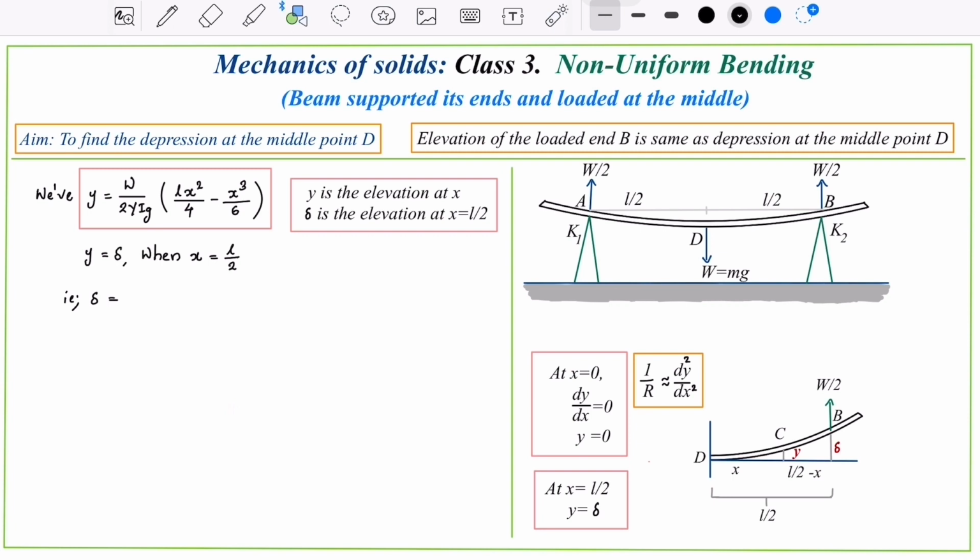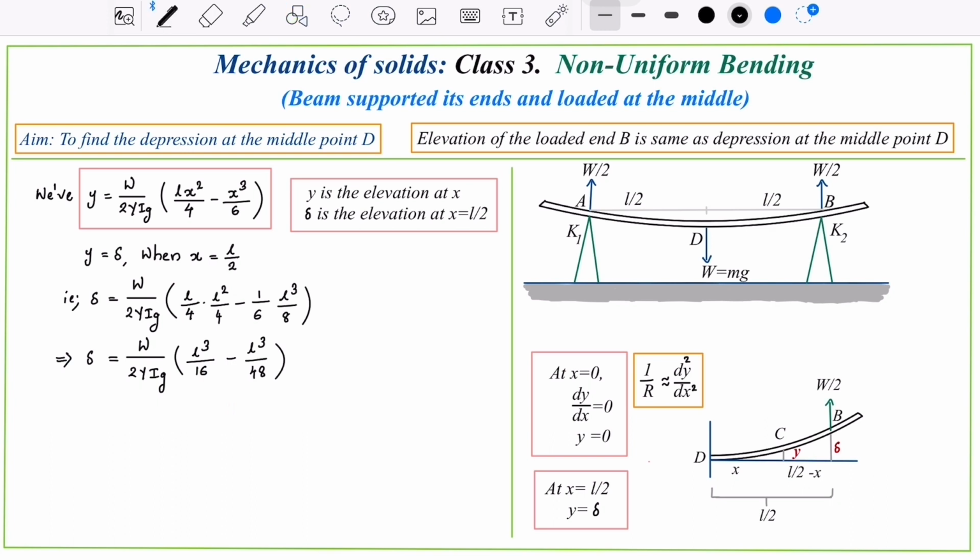The elevation is delta when the length of the cantilever is L by 2. So we can say that delta is equal to w divided by 2YIg into L by 4 into L by 2 whole square minus 1 by 6 into L by 2 whole cube, that is L cube divided by 8. Just substitute x is equal to L by 2 in the above equation and replace y by delta. That is, delta is equal to W divided by 2YIg into L cube divided by 16 minus L cube divided by 48.